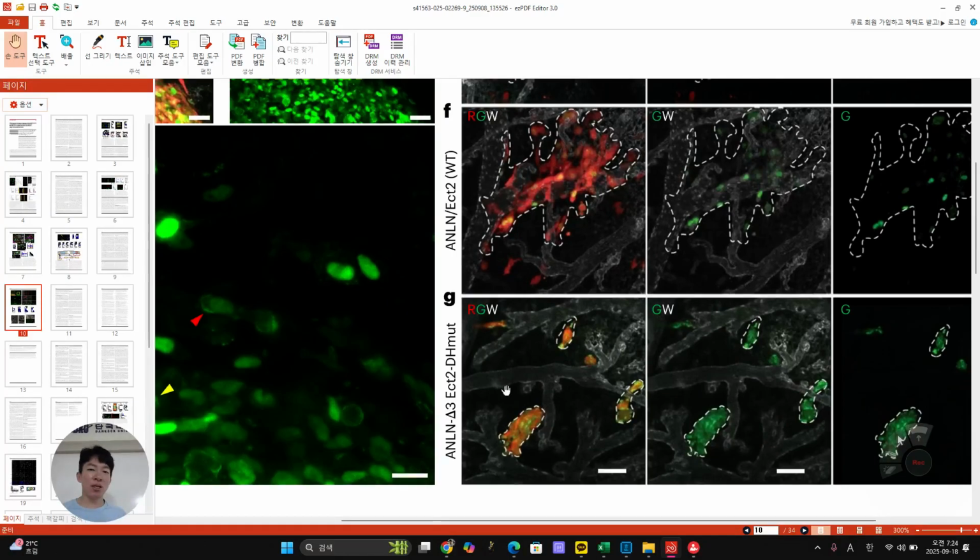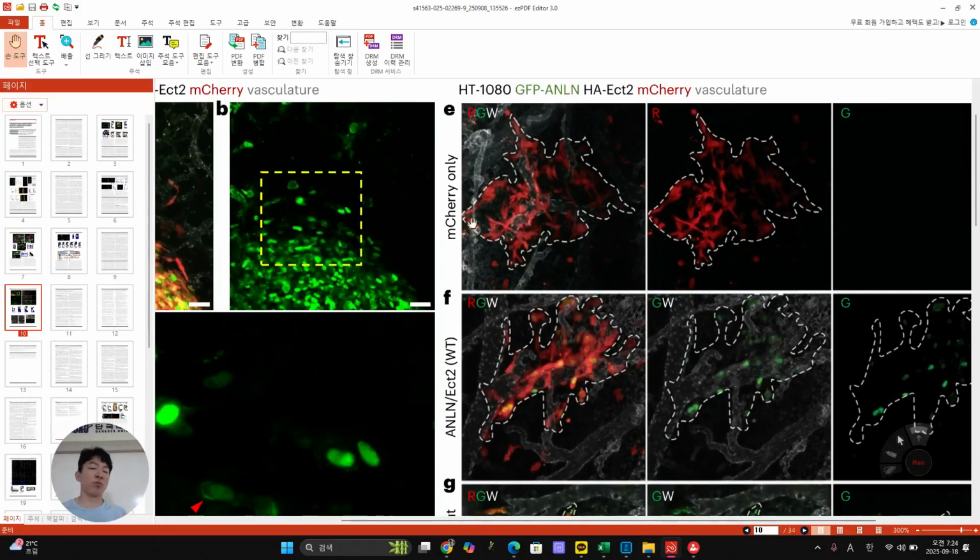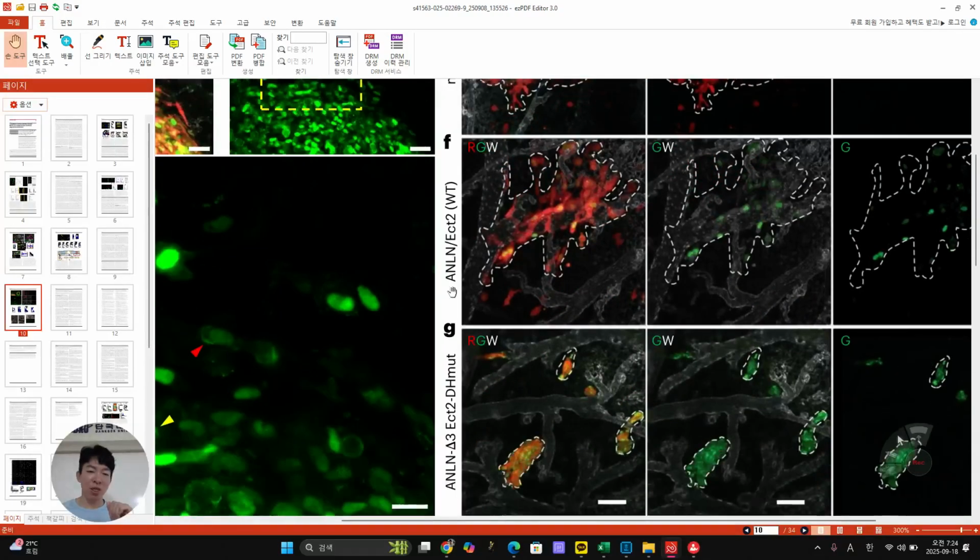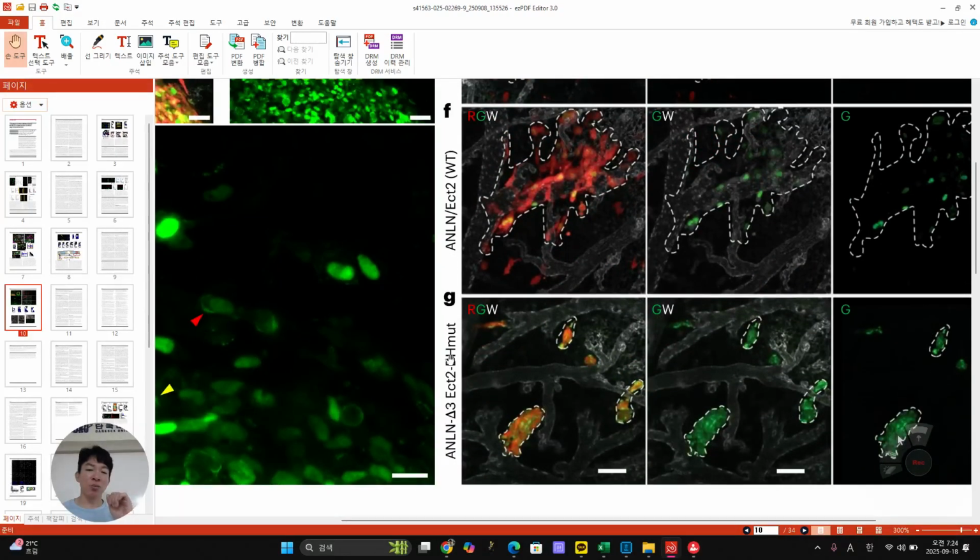So that's why this mCherry only is okay. The mCherry positive protein is only transferred inside of the nucleus and inside of the cell, and for anillin Act2, they are adding more anillin Act2. And compared to this, when you added the mutated protein, what happened?